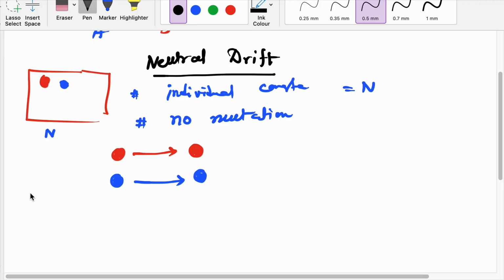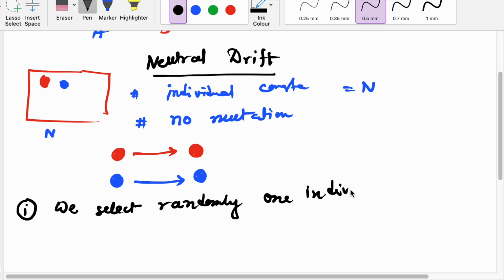Now if they are producing in this manner, how do we fix the number? We adopt a process: we select randomly one individual from the population and give it a chance to reproduce, and at the same time we randomly select one individual to eliminate from the population.